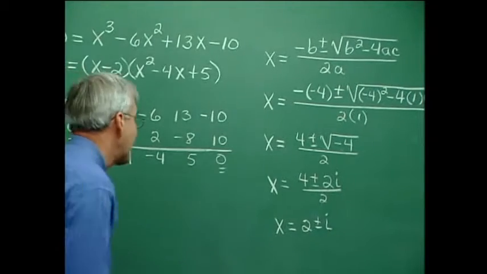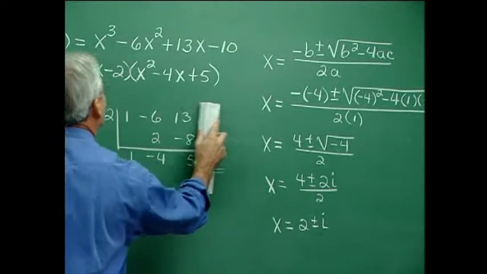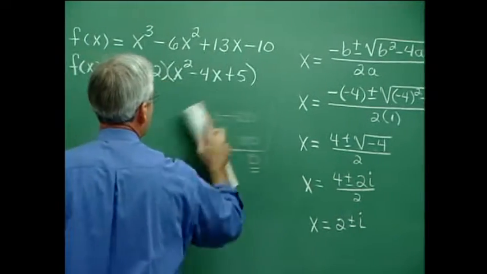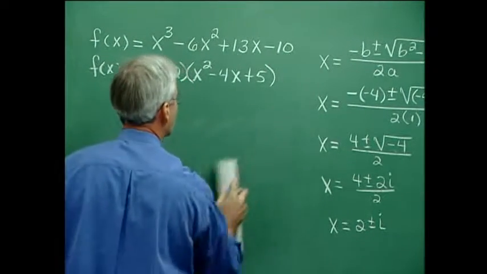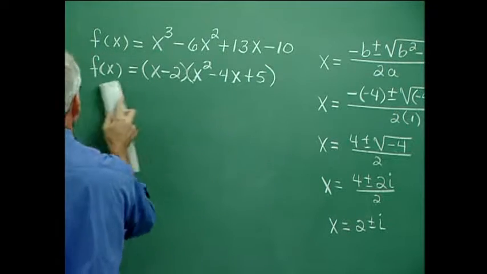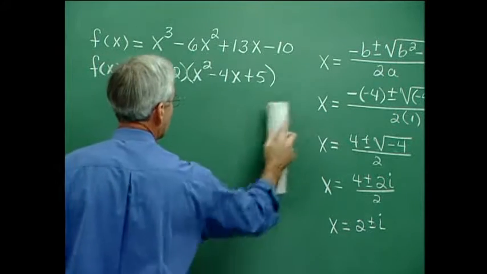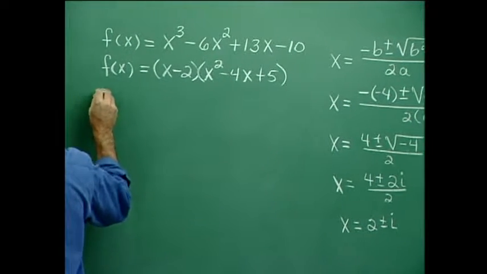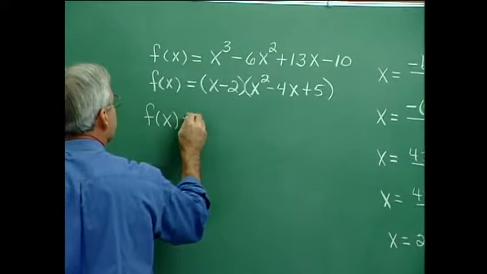But let's go through the factorization. Now, the 2 plus or minus i zeros give us factors as x minus each of those. So if we want to write a factored form, then we're writing it this way.